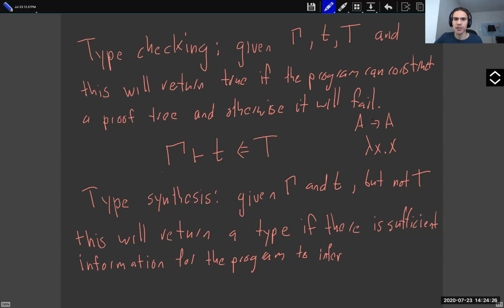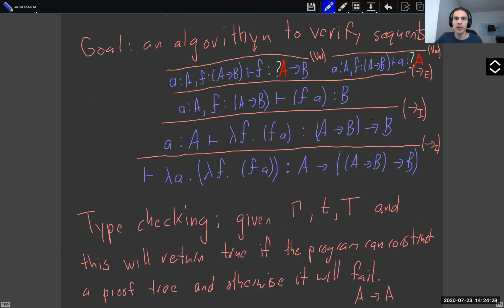There's a definite answer. For example, in here, there was a definite answer about how to fill in the question mark because we already had an assumption what f was in our context.